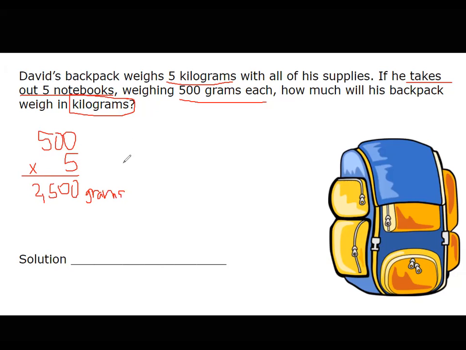But they want to know how much his backpack will weigh in kilograms. So if we take these grams, which are smaller, and convert them to kilograms that are larger, what do we know about grams and kilograms? We know that 1 kilogram is equal to 1,000 grams.